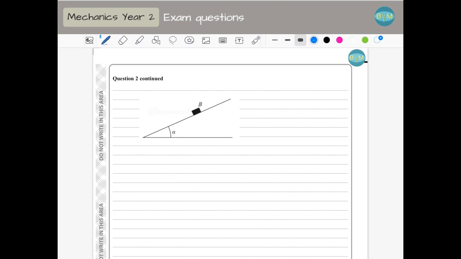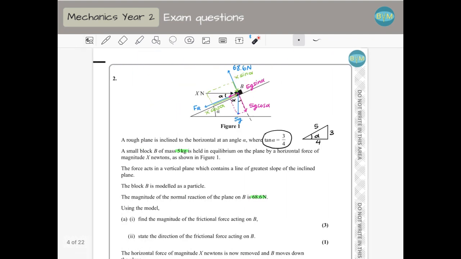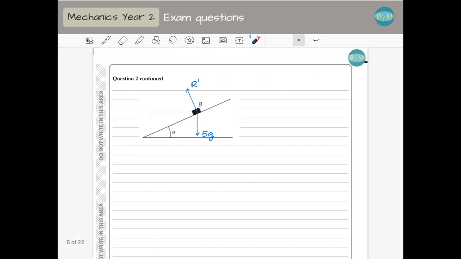And we are going to draw the forces that we have. So we have the weight, which hasn't changed, 5g. The normal reaction, you have to be careful, because the normal reaction has now changed because I have removed a force. If you see this diagram, this normal reaction was balancing these two forces, and this one is gone, which means this normal reaction is now going to be different. I don't have any other forces.